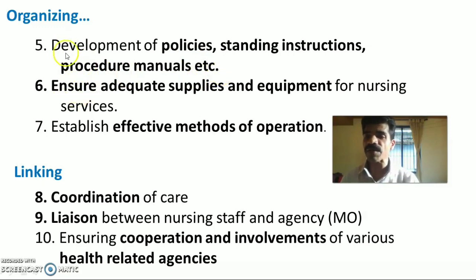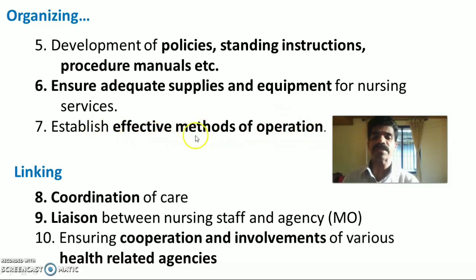Then the next function under organizing is to ensure adequate supplies and equipment at primary health center for rendering quality nursing services. So ensure adequate supplies and equipment to render comprehensive and quality community health nursing services. The next function is to establish effective methods of operation at the primary health center, sub-center and even in the field.